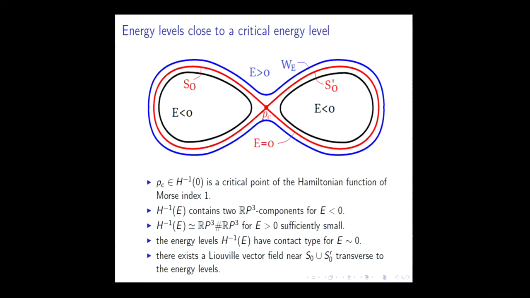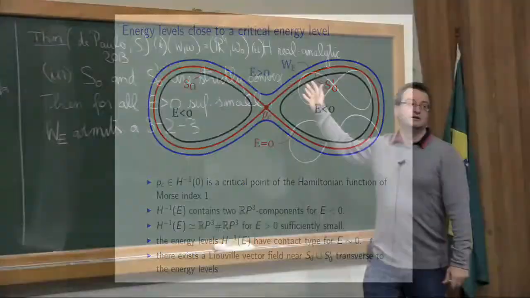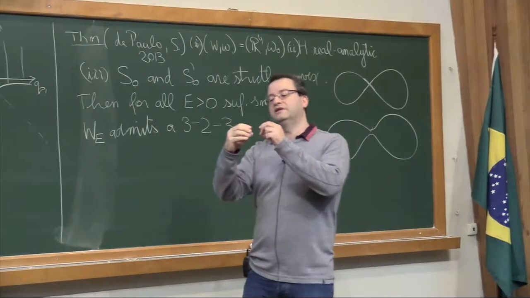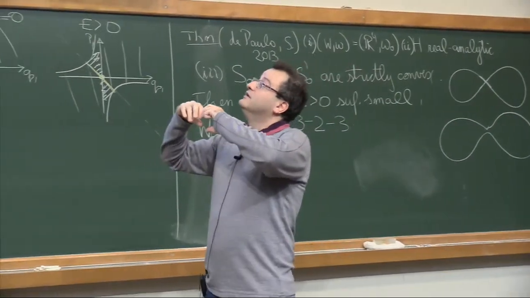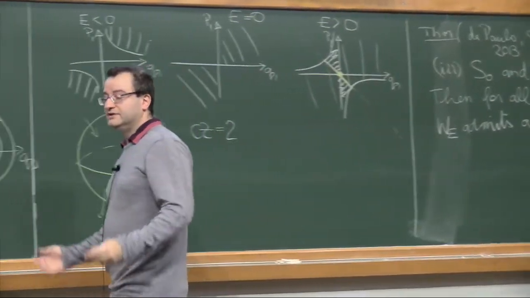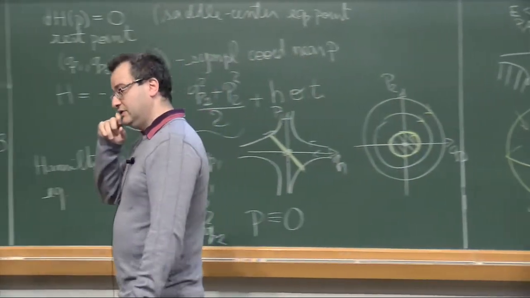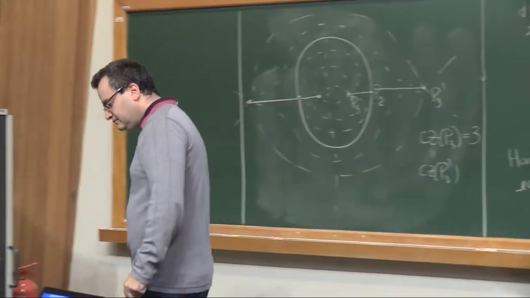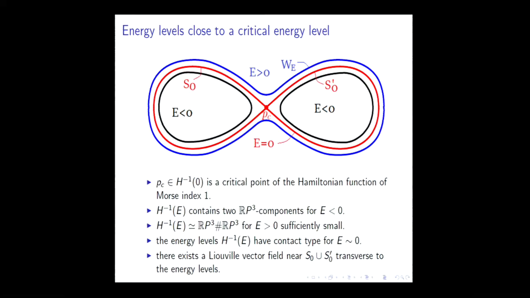And we also have to assume, for instance, we are in a symplectic manifold, considering all these energy levels, all of them must be of contact type. Because here, when you have convexity, it's automatic, almost automatic. But there, we have to assume that there is a Liouville vector field defined on a neighborhood of the critical set, which is transverse to each energy level at the regular points.